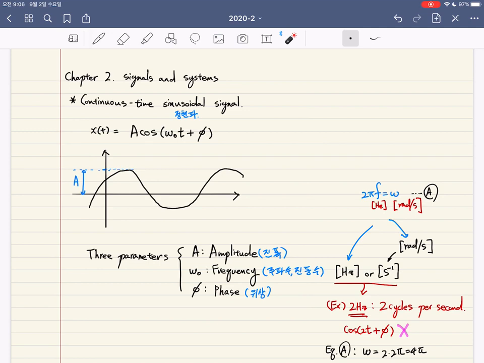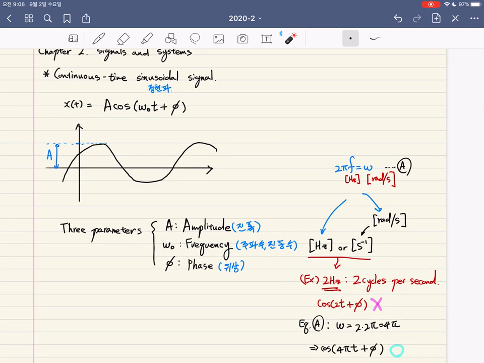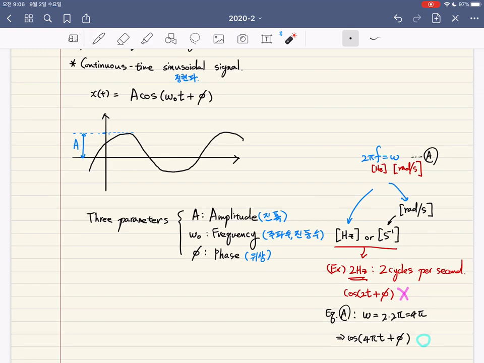The first one was about the sinusoidal signal, which can be represented as the amplitude right here times cosine or sine, it does not matter. So I will write cosine here for our first equation: A cosine of omega t plus phi, where omega is called frequency and phi is called phase.